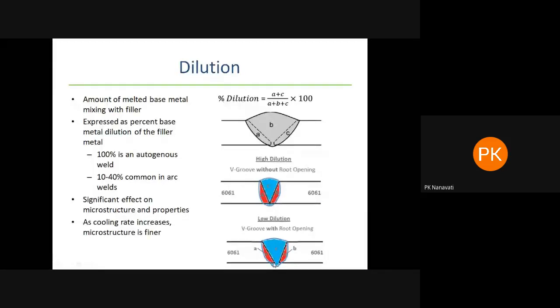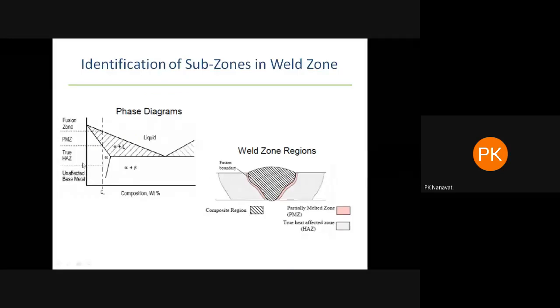When you have some root opening, there will be somewhat lower dilution from the base metal. So the dilution also depends on the weld joint, right? And on the composition and cooling rate.